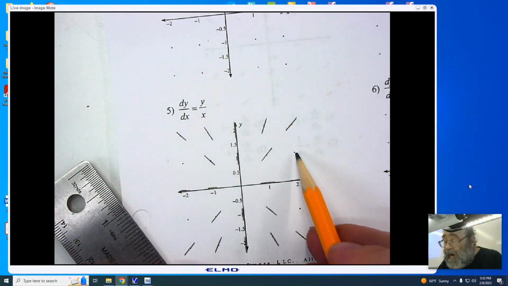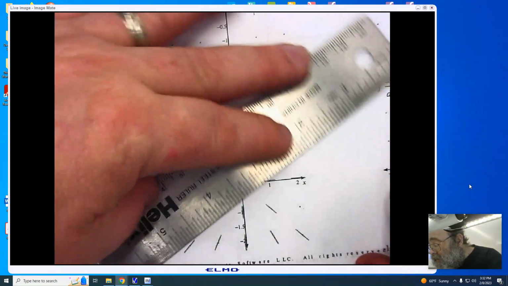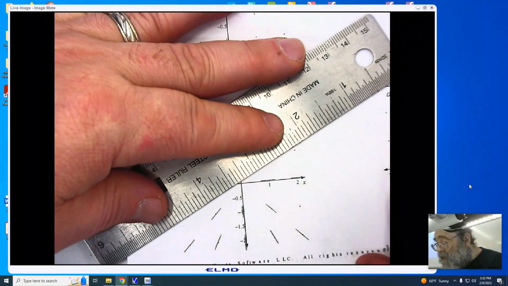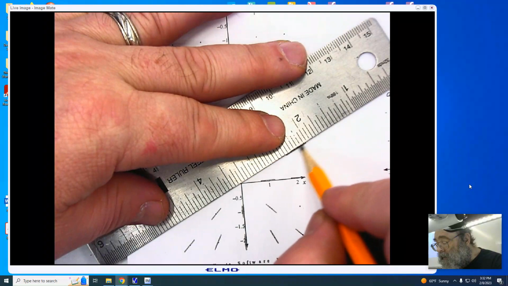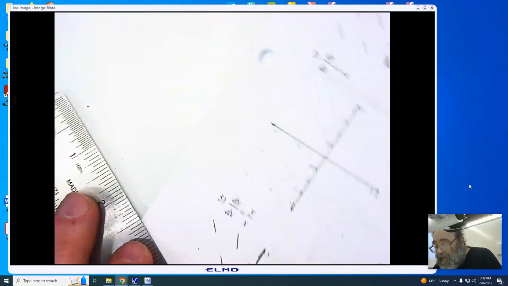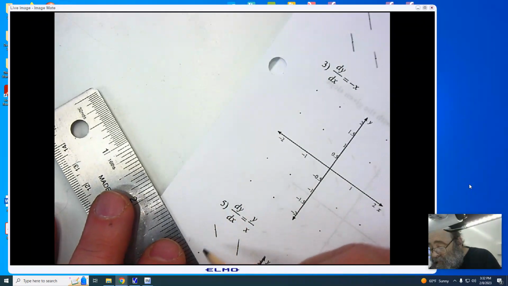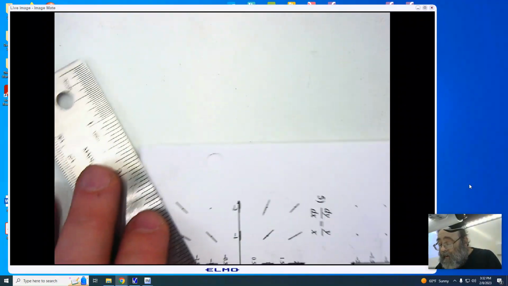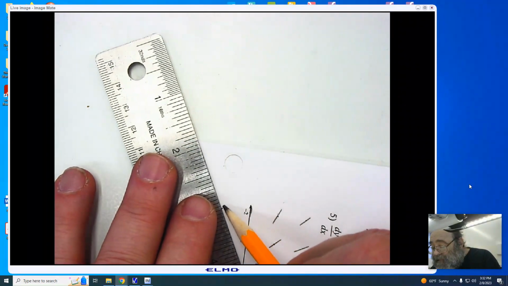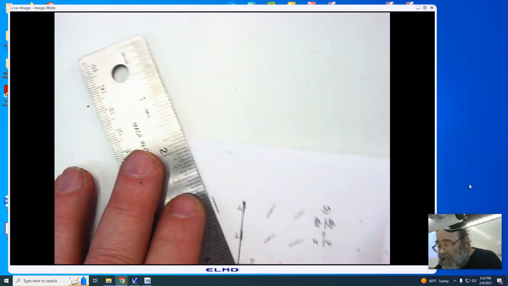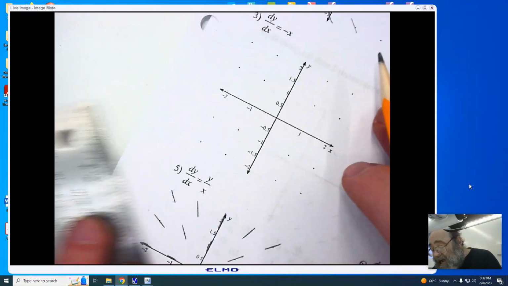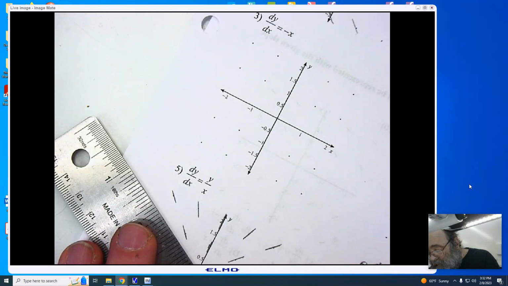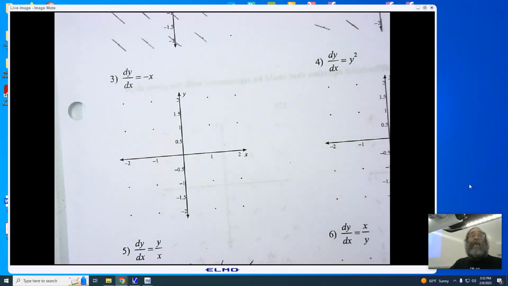Then we have over here 1/2, positive 1/2, negative 1/2. Positive 1/2 and negative 1/2. And here's my slope field.